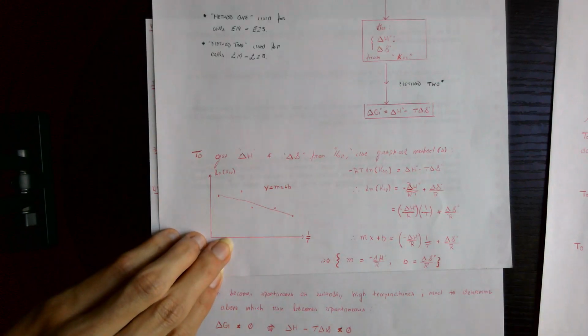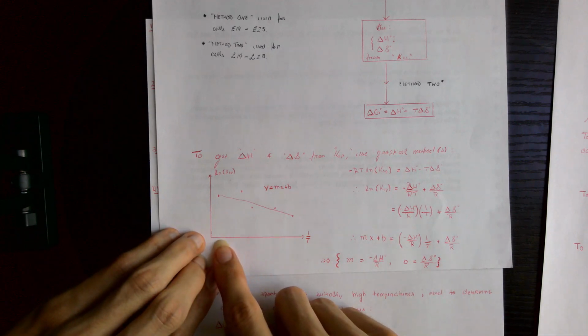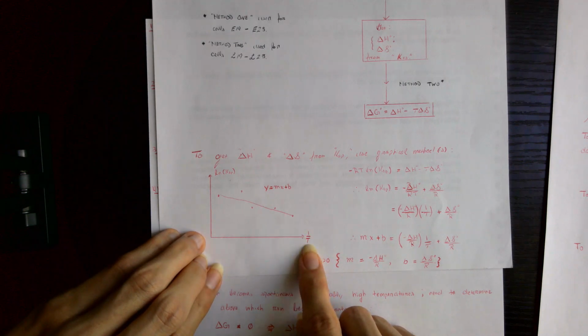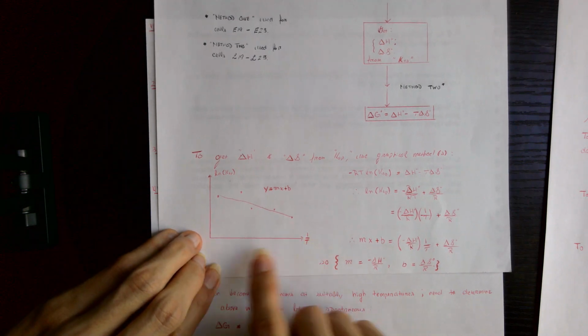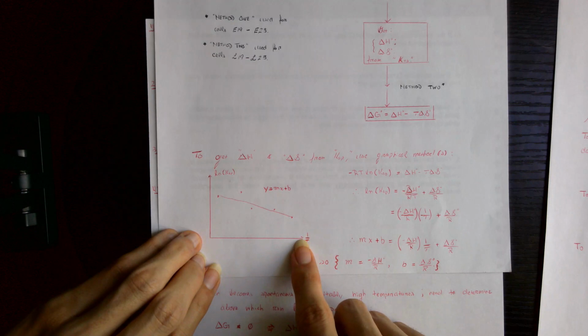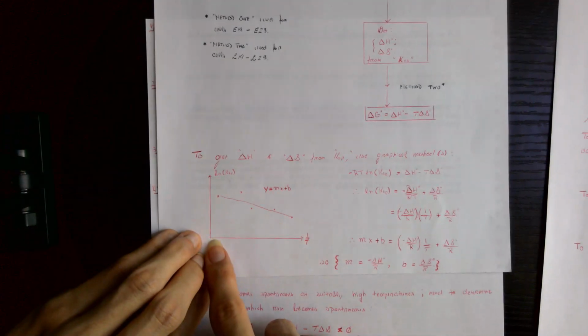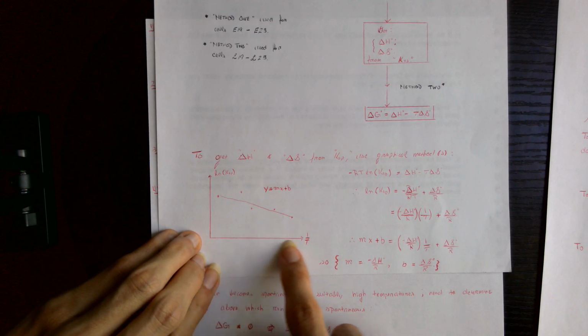And that's wrong, because you're not graphing temperature down here on the x-axis. You're graphing the inverse of temperature. So from left to right, as KSP decreases, the inverse of temperature is increasing.